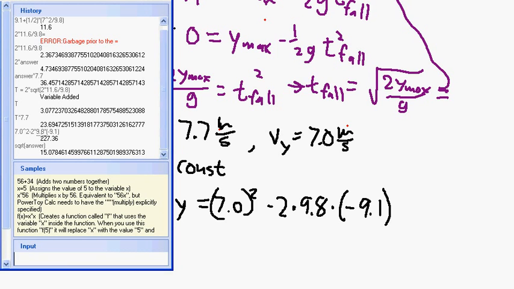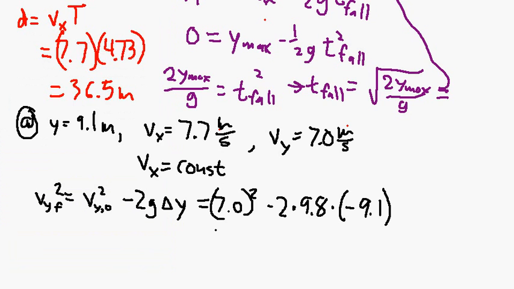Because we just took the square root. We don't know if this is positive or negative. Well, when it's hitting the ground, it's going down. I think that's pretty obvious. So, what was it? Negative 15.1. So, Vy final is negative 15.1 meters per second.